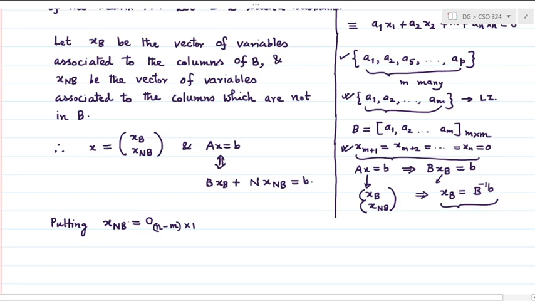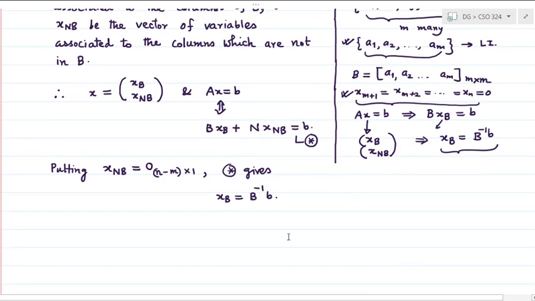So putting xNB equal to 0, we obtain from this, let's suppose this is your star, xB is equal to B inverse b.